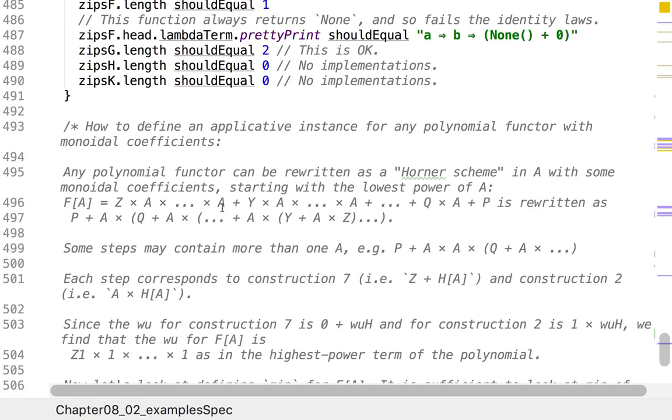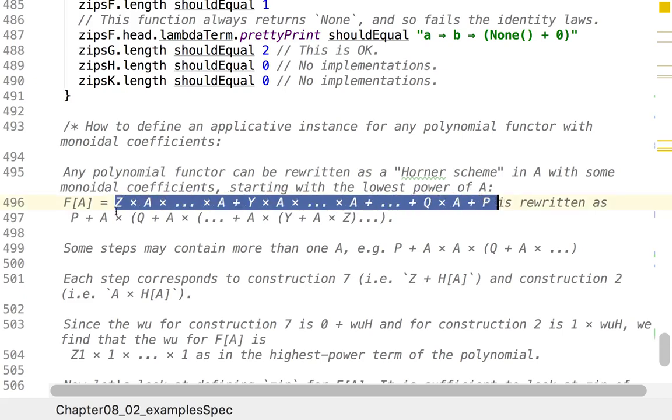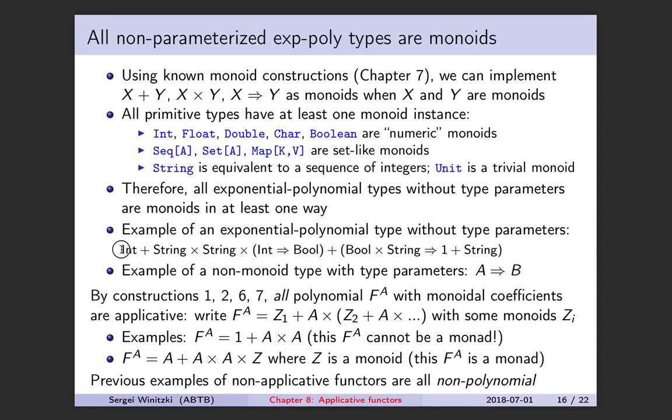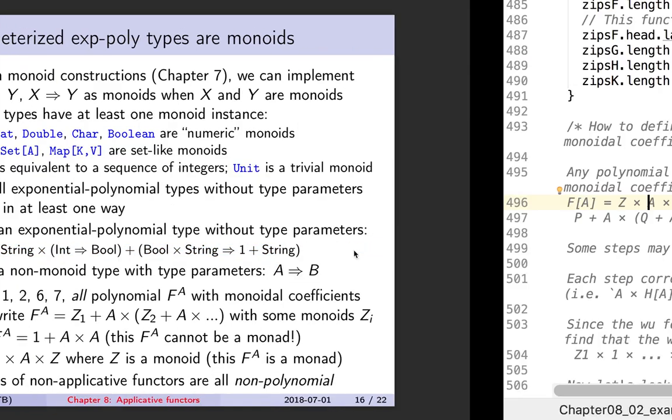So let's see how that works. Suppose you have a polynomial functor, which you can write in a short type notation like this. You have some coefficient that is a constant type. Could be complicated, but it's constant. It could be like this, but it does not have type parameters.